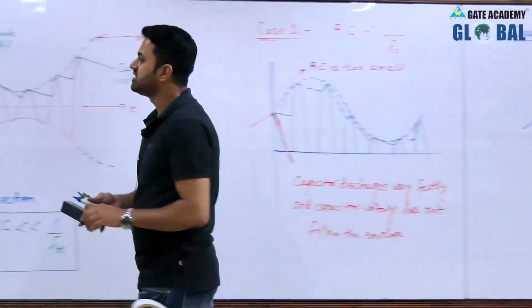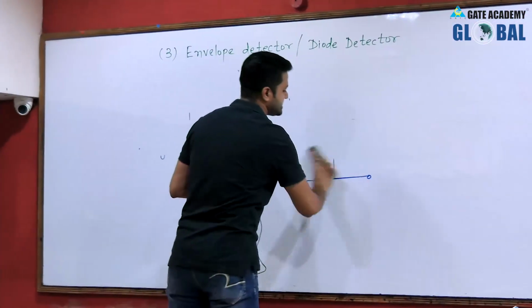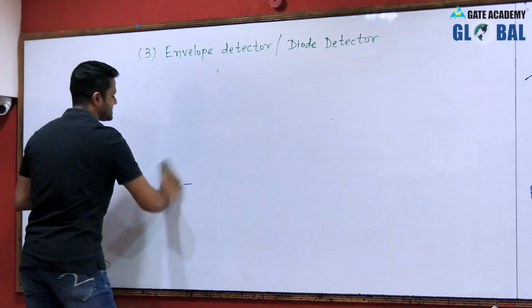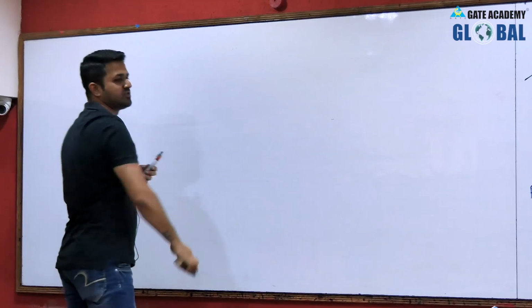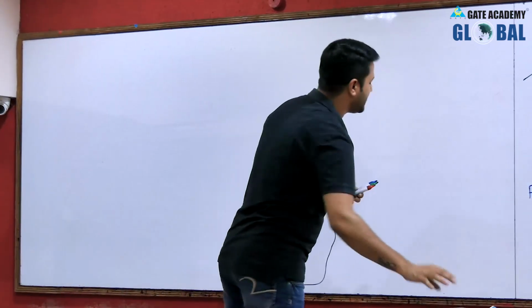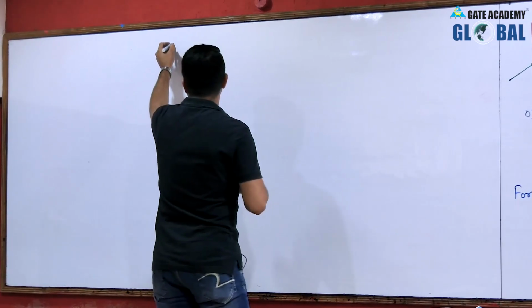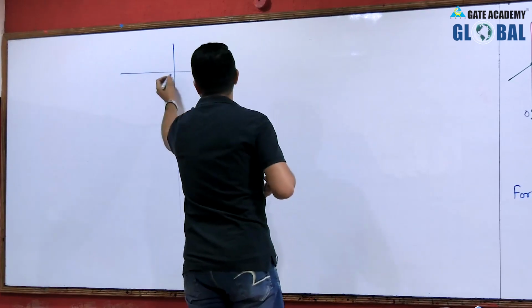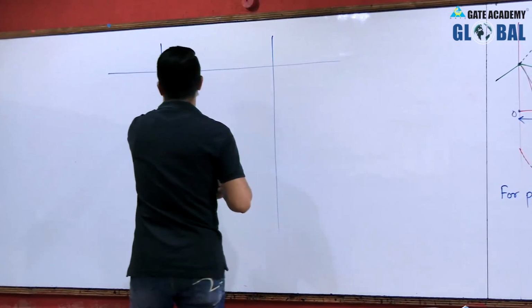So now we can conclude that if we give a sine wave or cosine wave as input to the envelope detector, we get a DC signal as output, and when we apply an AM wave as input, we get the message signal as output under certain conditions. Suppose I write it in the form of a table.